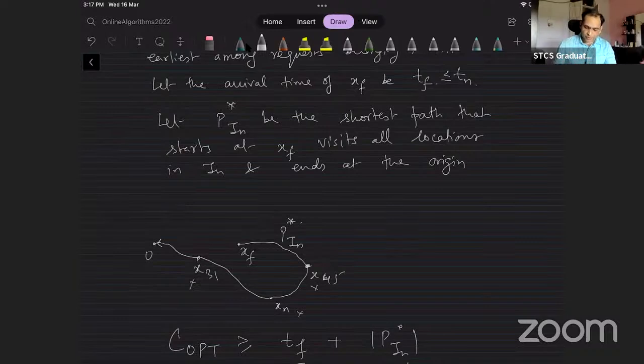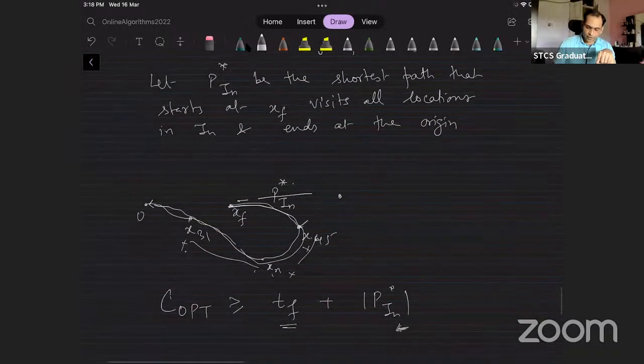But what is OPT's remaining requirement to fulfill our objective? XF is the first location which it visits among these nodes, and all these nodes are not visited yet. So it has to visit this, it has to visit this, it has to visit this. So the best case in which it could have possibly fulfilled all of the requests is that it follows this optimal path. So that is why the OPT's cost at least has to be, starting from time TF, at least so much to get back to the origin. It could possibly go somewhere else and then come back and touch this.